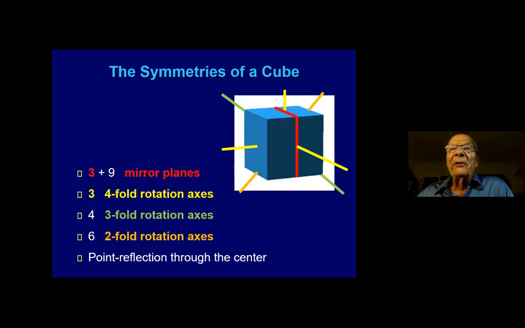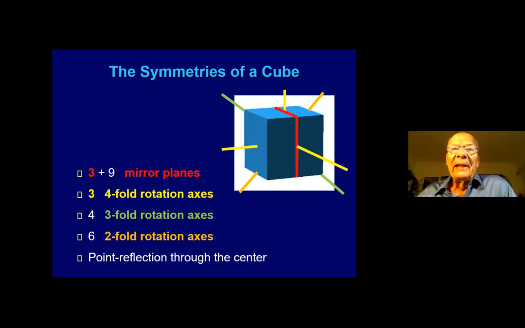Then there are 3 four-fold rotation axes through the centers of the square faces, shown with the yellow lines. Next, there are 4 three-fold axes through pairs of opposite corners. An example is shown in green. And finally, there are 6 two-fold axes through opposite edge midpoints. We can also apply a point reflection through the center of the cube to map the cube onto itself.